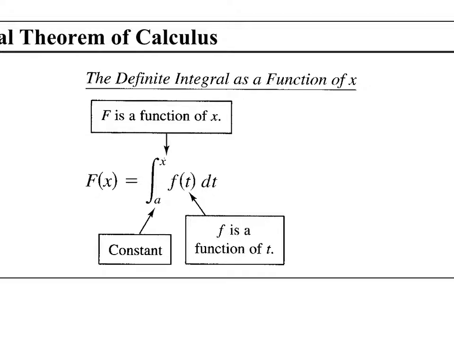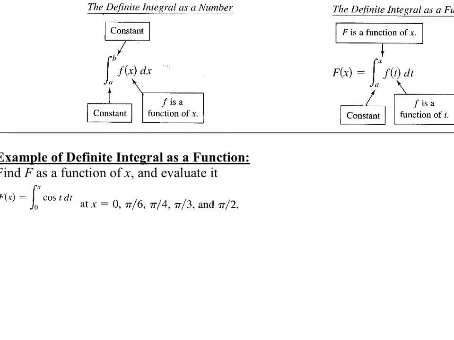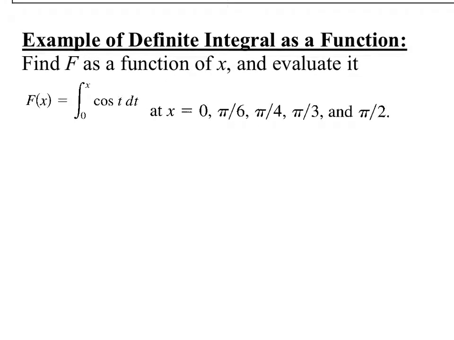And our antiderivative that we're going to find is going to be a function of x. Now, that may not make a whole lot of sense, but let me show you an example of this, and I think it will make a little better sense.